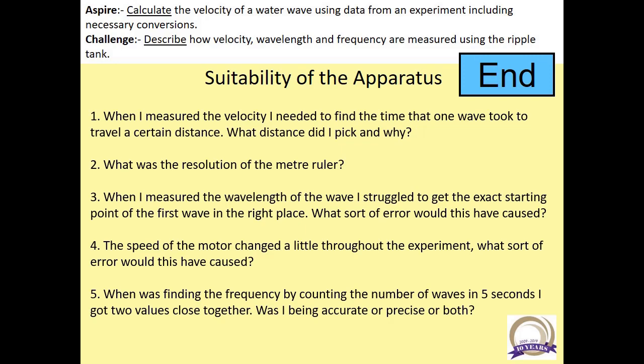So if I've got readings close together, I was being precise. Whether I was being accurate or not, well, I'm not sure what the exact value was, so I can't really be 100% positive on that. But looking at the way that I did that experiment, it was very difficult counting those waves, so I'm not sure there was a huge amount of accuracy there, but it looked like I was being precise.